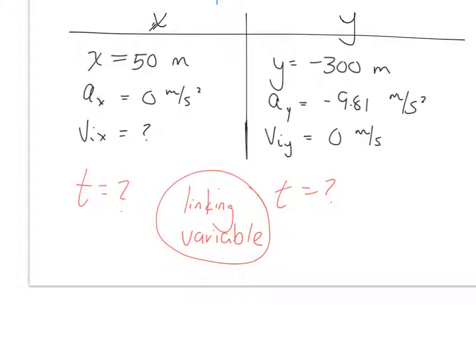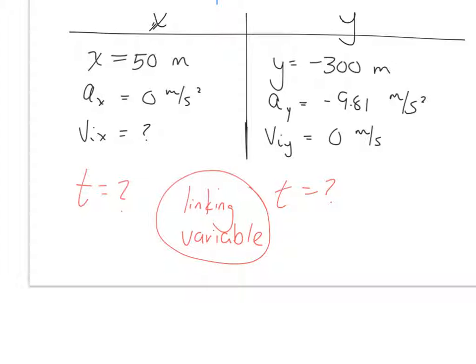Okay. So, in the y direction, what am I missing that I don't know at all in this problem? There's something I don't have at all in this problem. Christina mentioned it a little while ago. What was it?